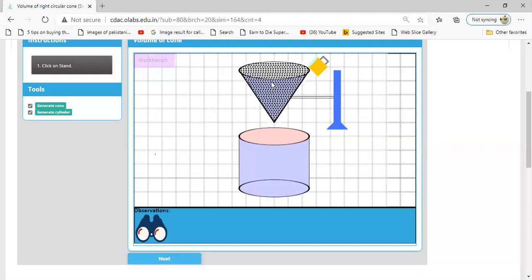Maybe there is some problem in the software that is not converting into the hand like this. Here, if we come, it is converting, but on the sand there is no point.